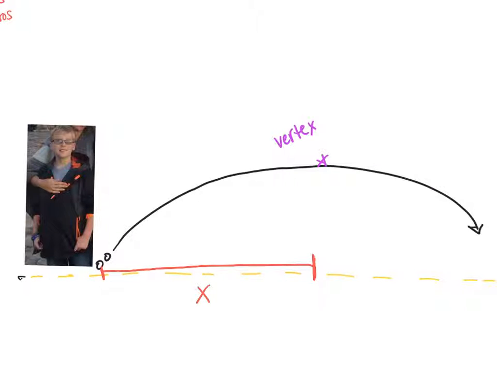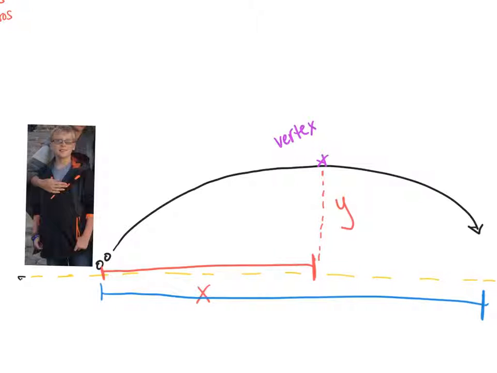That's how long it took for it to reach that maximum height. And then once it came back down, the total time for the ball to go from Colin kicking it all the way to hitting the ground again would be the entire distance here.